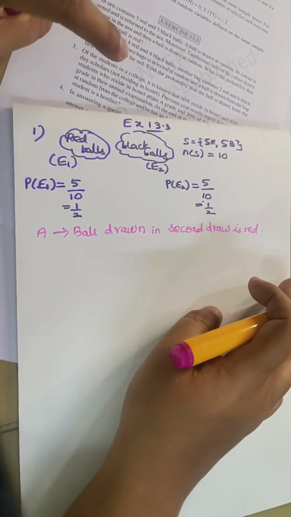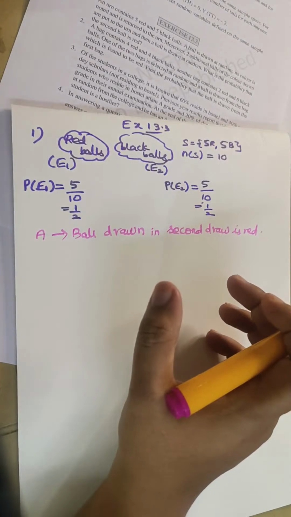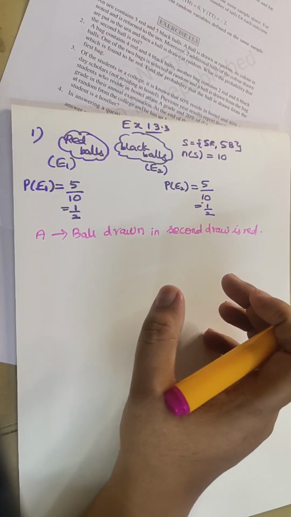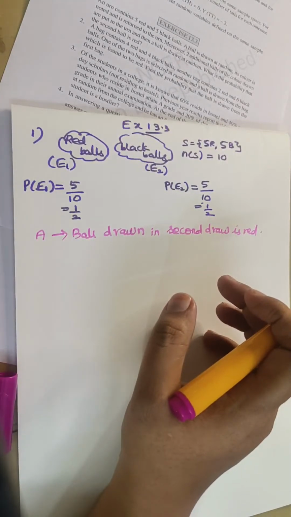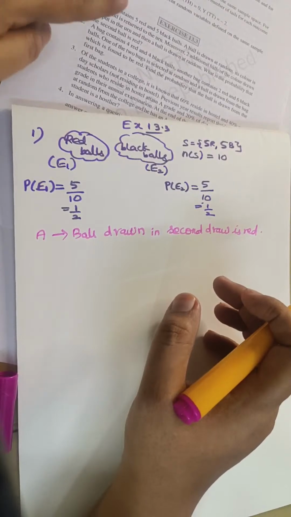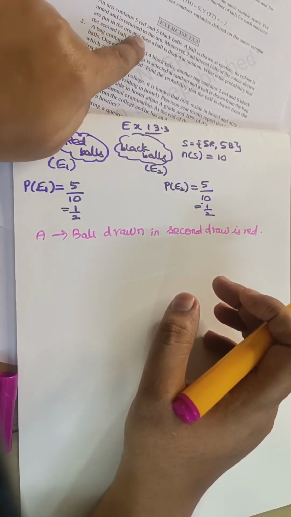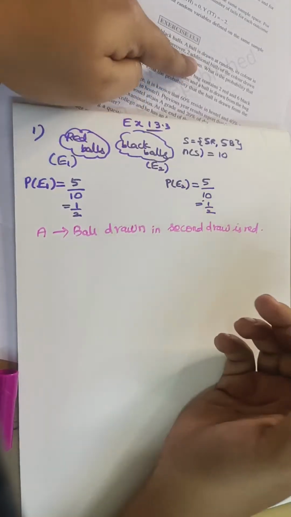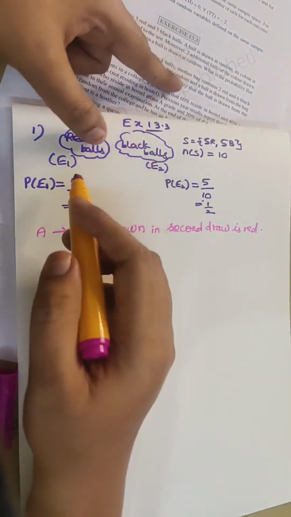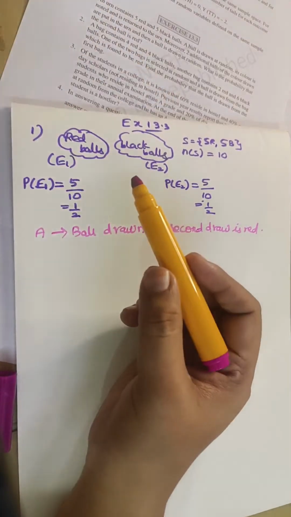Now, I have picked the ball and I know it is red. Now I'm putting it back, and then I'm going to take the second draw. When I return that ball to the urn, what do I have to do? Add two additional balls of the same color. What have we taken here? The red ball.